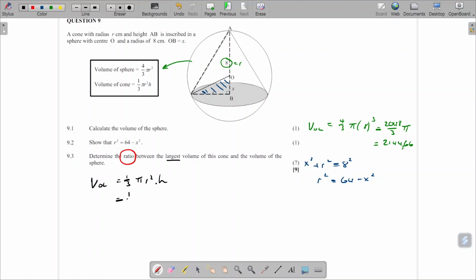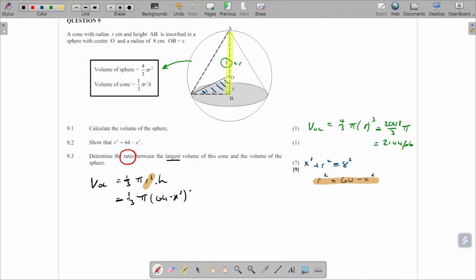In this case, we've got 1/3 pi times our r squared value, which is 64 minus x squared, and that came from over here on the right, because we knew that r squared was 64 minus x squared. And then hopefully looking at the diagram, you can see that the height of this cone is going to be x plus 8.